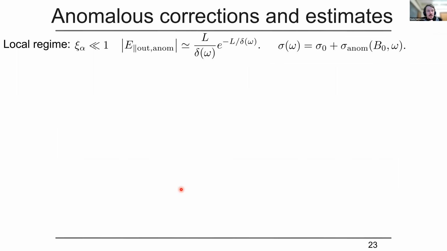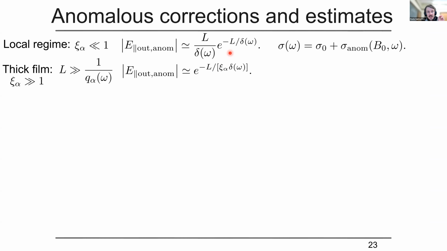So if we are in the local regime, where this parameter psi, the diffusion, is small, then the anomalous correction due to the magnetic field, in the case of metals, will be regular. It will just exponentially decay with the thickness of the film. If we have a thick film, for example, and we are in the regime where this nonlocality kicks in, psi is large, then the anomalous component of the electromagnetic field is also exponential, but the exponent here is different.